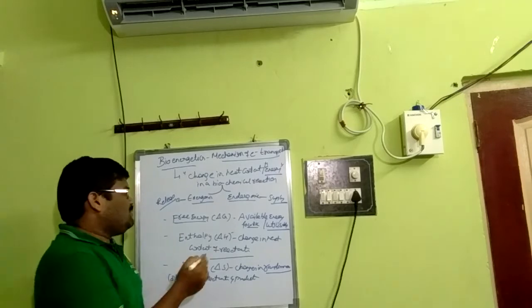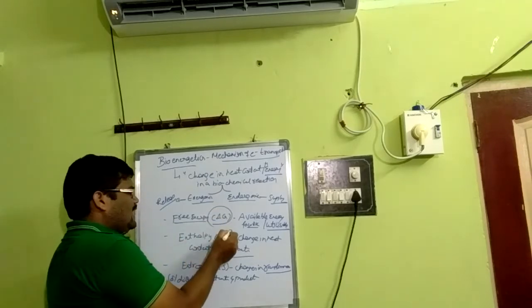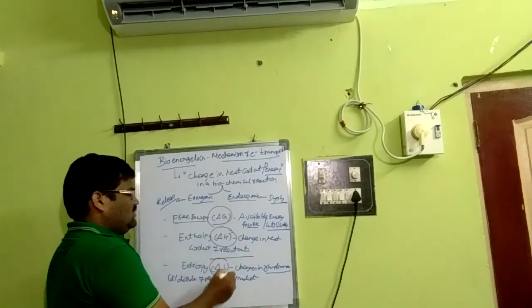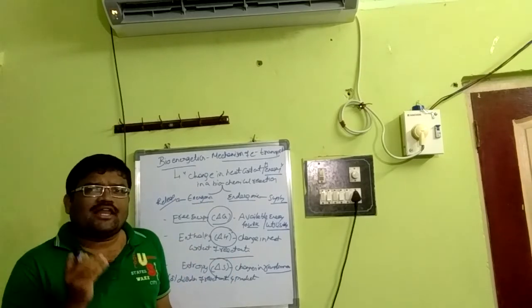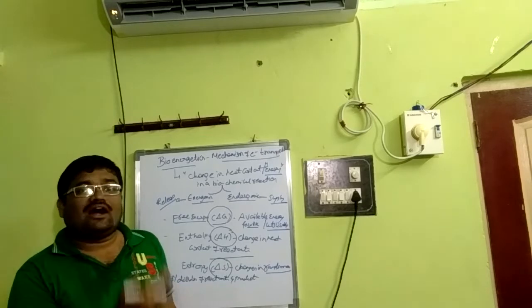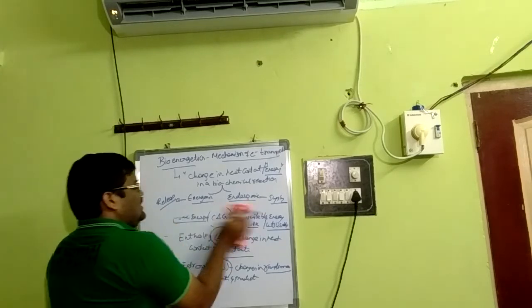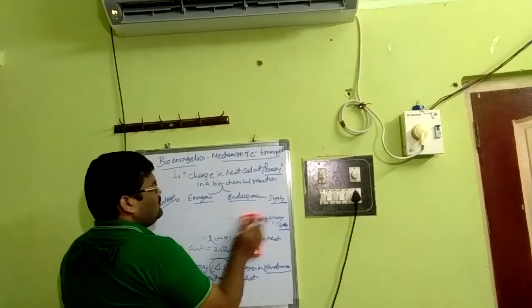There is a relationship between delta G, that means free energy, delta H, and entropy. This is very important because every biochemical reaction shall be dealt with under this sphere. There is a simple formula which deals with this.